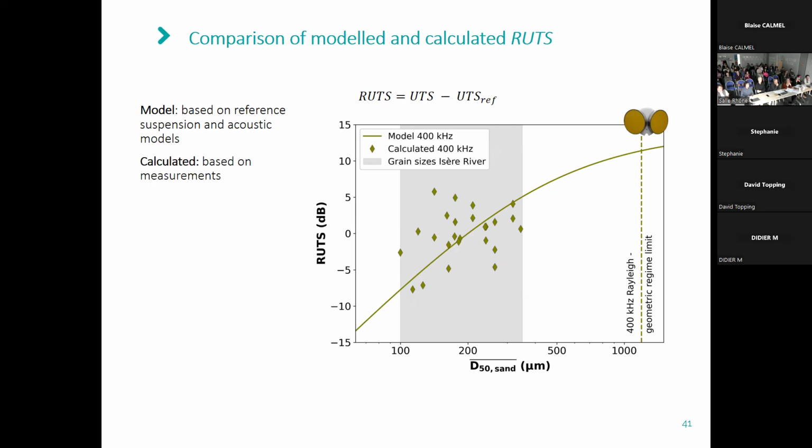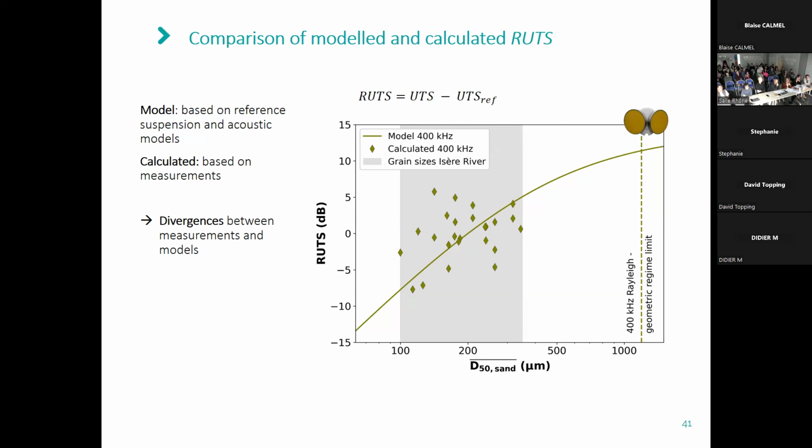I also calculated the same relation for our measurements using the concentration and the acoustic measurements. And we can see here that there's an important difference and important dispersion of the measurements compared to our model. So I suppose that these divergences may also account for a part of the variability in our concentration and grain size estimates.